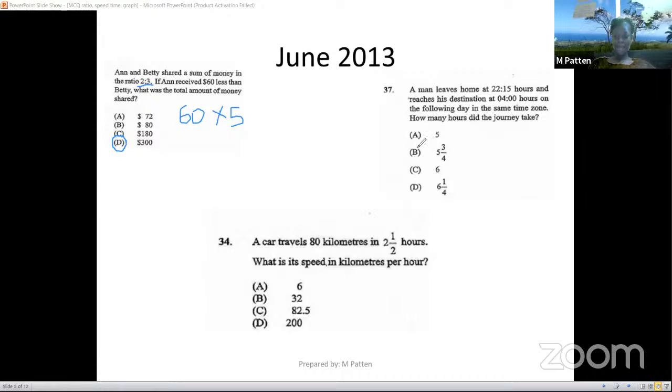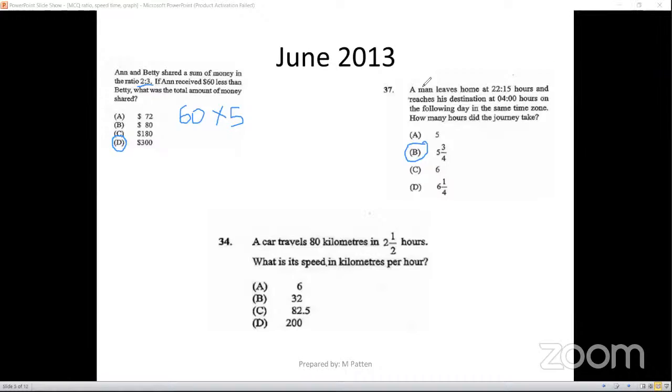And somebody said B. Is that correct? Miss, look, because 3/4 has to be a part of the answer.